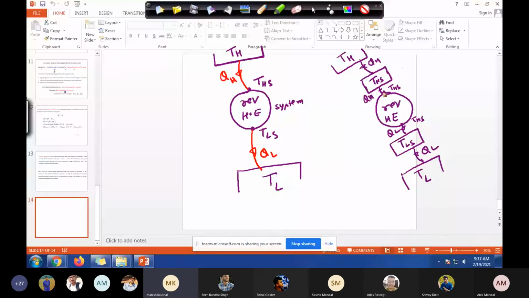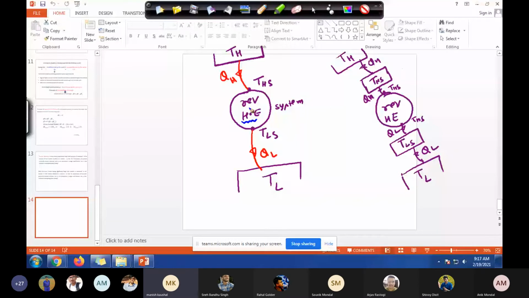So now you tell me. I have said reversible heat engine. This is my system. So tell me whether this is internally reversible or internally irreversible. Reversible heat engine means the heat engine is working reversibly. So it is internally reversible.